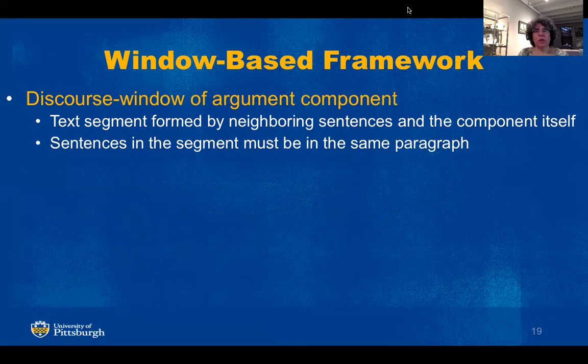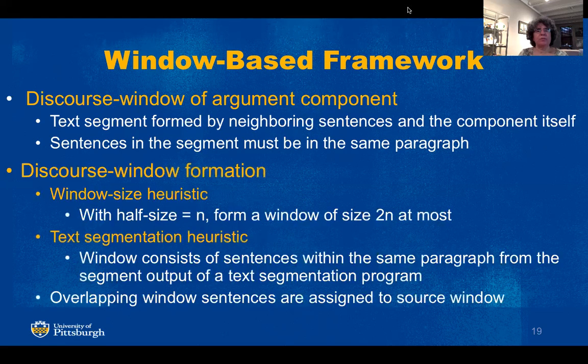So the window-based framework, as I said, is based on the intuition that when considering both the source and the target, we don't want to just extract features from the component, but we'd also like to construct discourse features from its larger text segment. And we're going to make a similar restriction as in the persuasive essay pair construction based on a paragraph constraint. For our work, we looked at two ways of forming windows. One is very simple and is not really informed by linguistic theories of discourse.